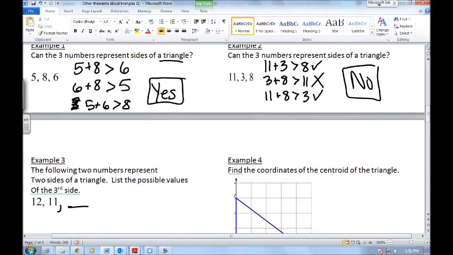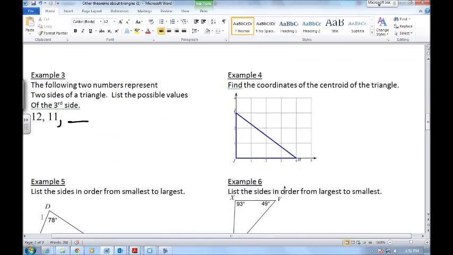Because we've seen one example where it works and one example where it doesn't work, so sometimes it won't work. Find the shortest length of the third side that would make our triangle work. 13 works, but there's one smaller than that.